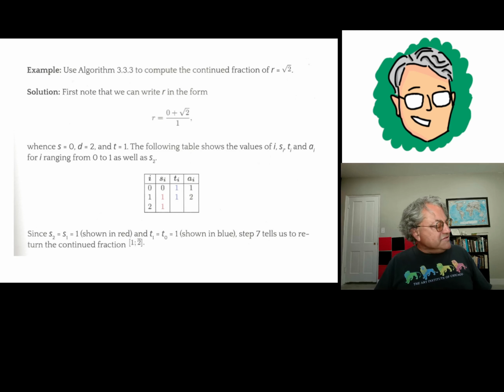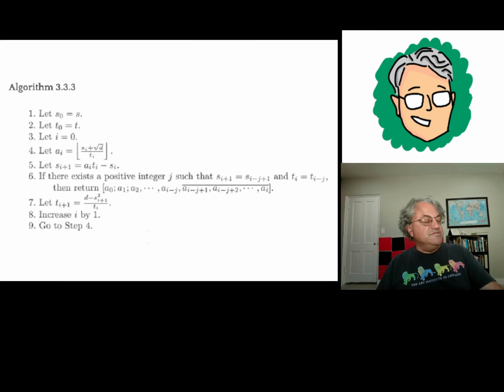Now we have to calculate t sub 1. Actually, first we have to check the condition in step 6, whether we're done. We're not done because we've only done one number. You always have to go at least 2 steps, so forget step 6. The next step, step 7, is to calculate t sub 1. So t sub 1 is going to be d, which is 2, minus s sub 1 squared.